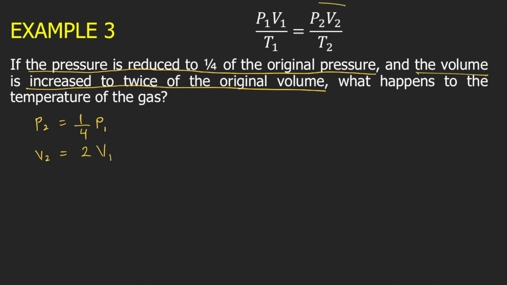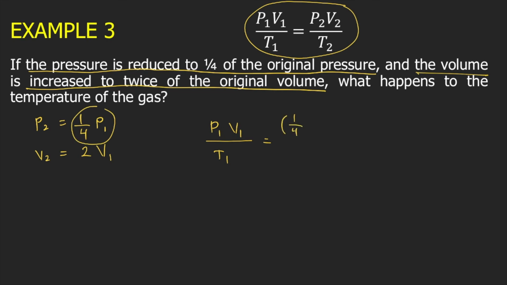And then we use the combined gas law. So the combined gas law is P1 V1 over T1 is equal to P2, which is 1/4 of P1. So instead of putting P2, you put 1/4 of P1 times V2.